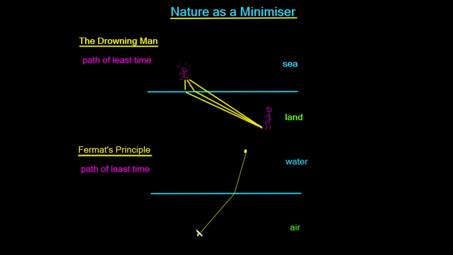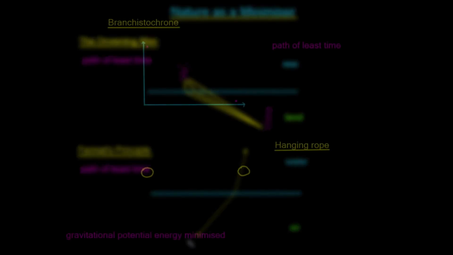So in effect, light is behaving in the same way as we would want to behave in order to minimise the time. So this is called Fermat's principle, and tells you that light travels in such a manner as to minimise the time between 2 points.